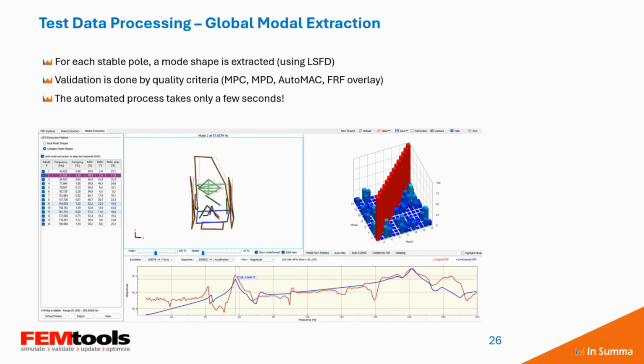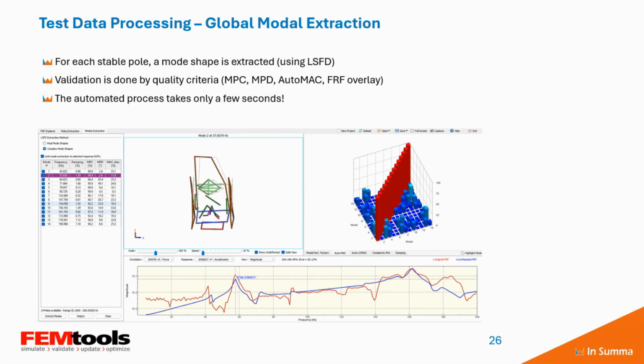And we have several references available. So the LSFD doesn't just look at one, it considers all the FRFs across the entire frequency range, which means it takes into account every input participation factor and even the lower and upper residuals for each reference to extract the modal displacement.